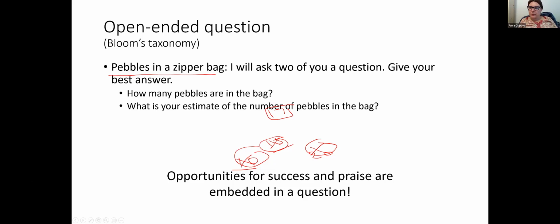This is a perfect example of something I was also thinking about with what you said about respectful questions. We have children with different ability levels and different confidence levels. If you ask a very precise question, as Dr. Kim said, like "how many," the chances of you being wrong or the child struggling are huge.